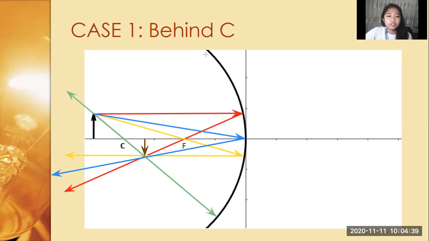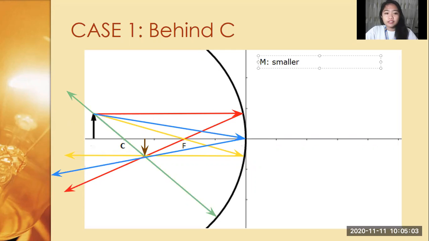So now we're going to determine the magnification, orientation, location, and type of image. So for the magnification, if we compare the brown arrow with the black arrow, it became smaller. So it is reduced or smaller.